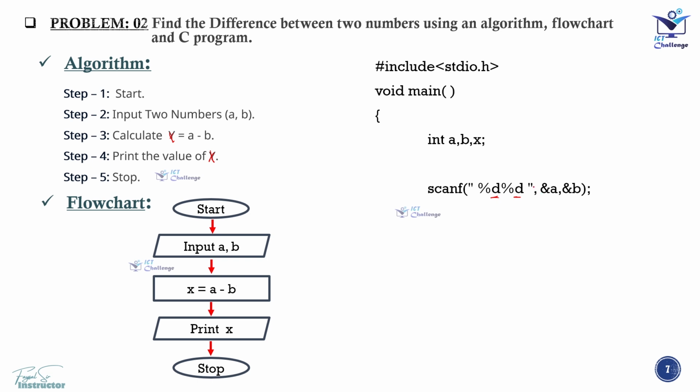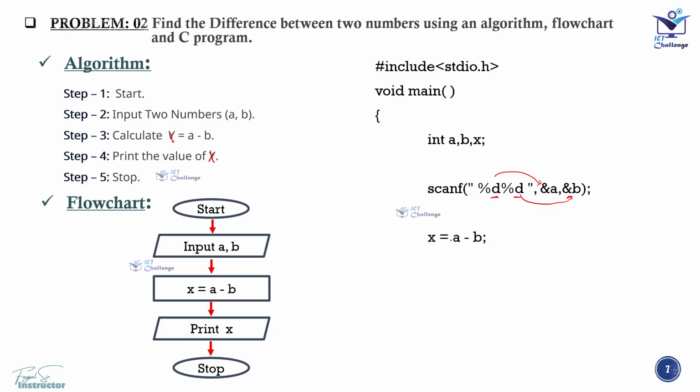After that we have to make sure to close the double quotation, then comma, then &a. That means this %d is responsible for this a, and for this one we have to write &b. That means the computer will take two inputs, one for a, another one for b.